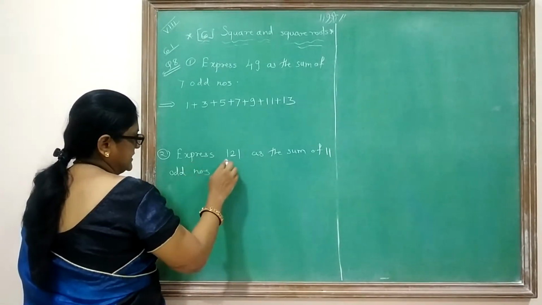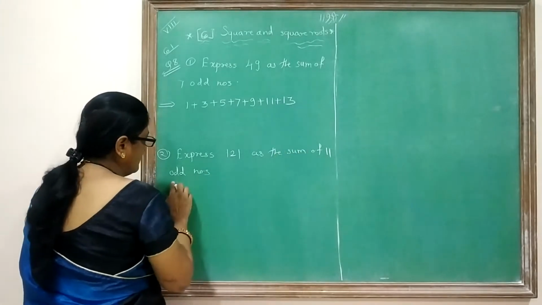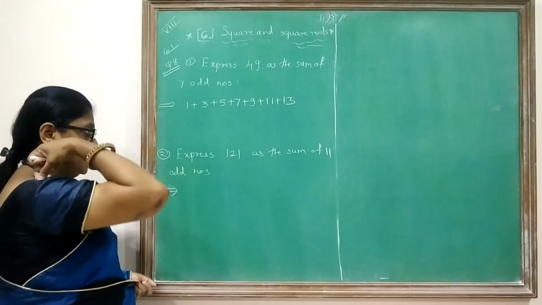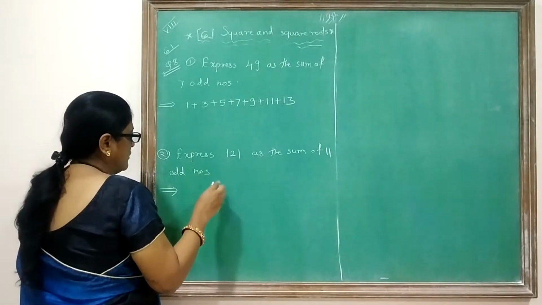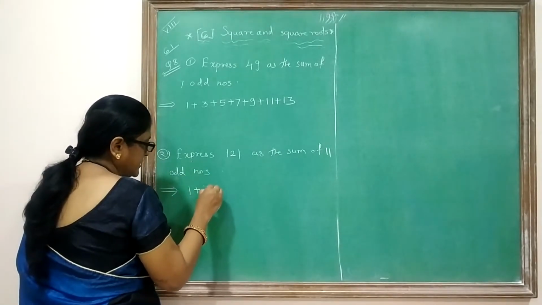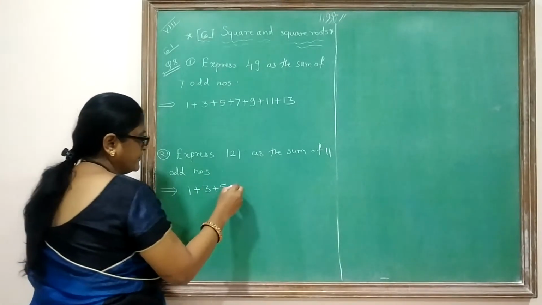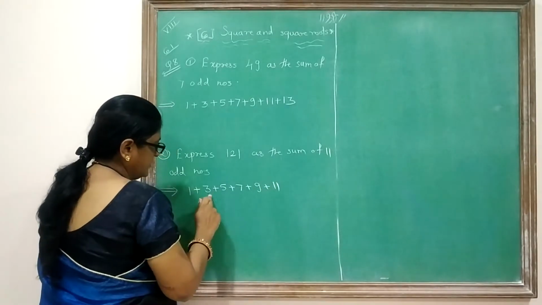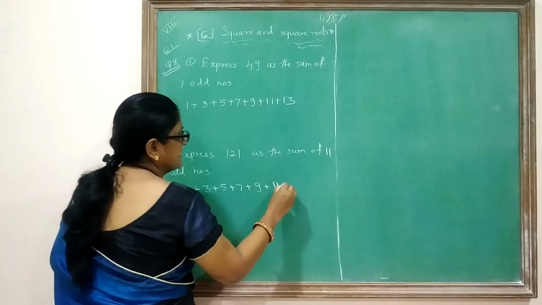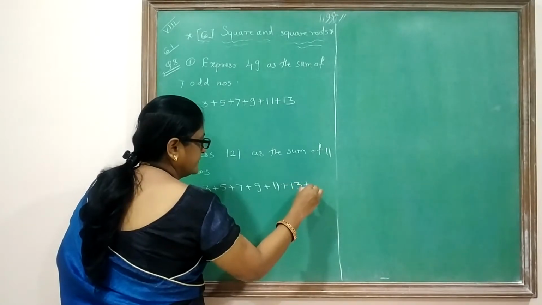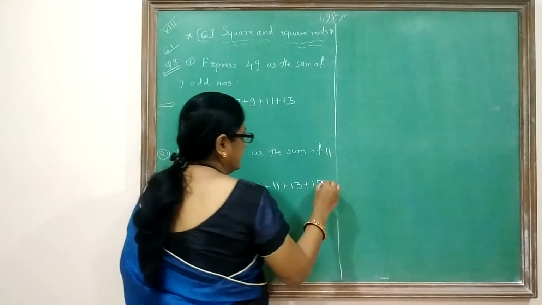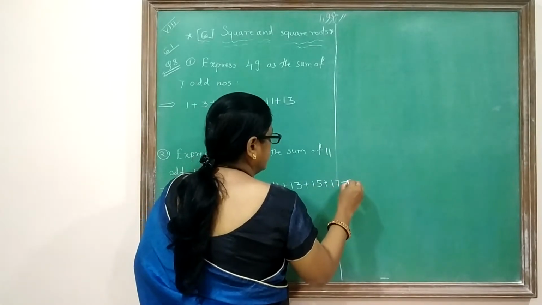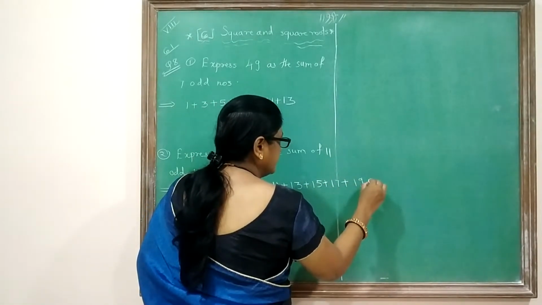Then again, express 121 as the sum of 11 odd numbers. First you will write the first 11 odd numbers. That is 1, 3, 5, 7, 9, 11, then 13, 15, 17, 19, 21.